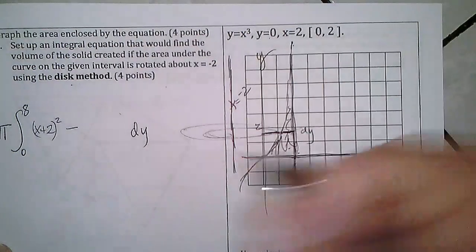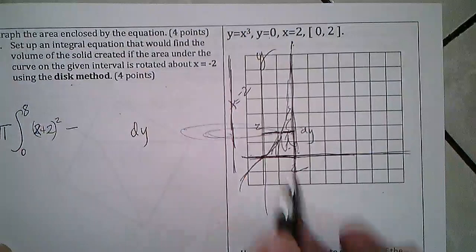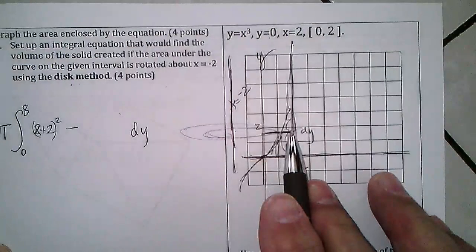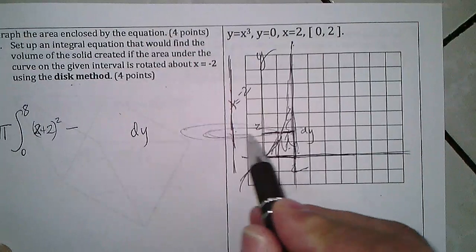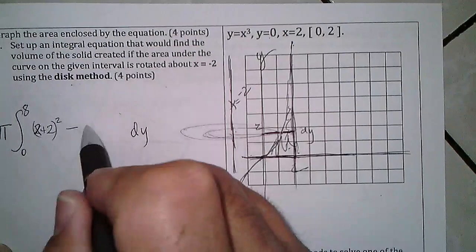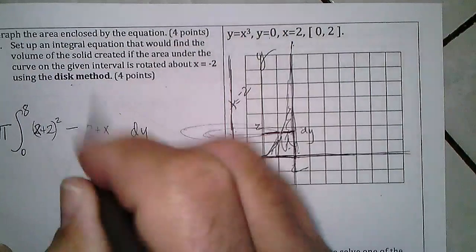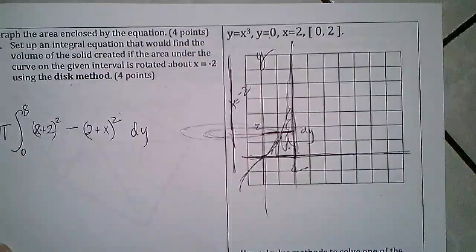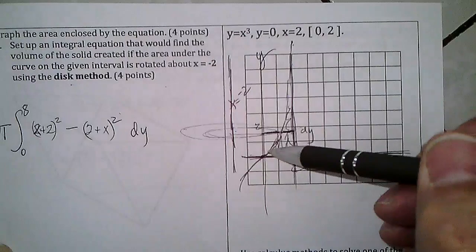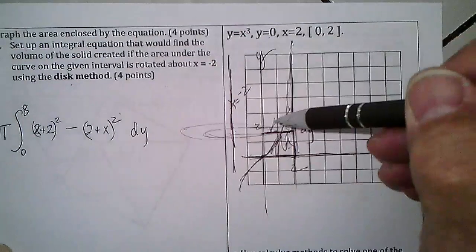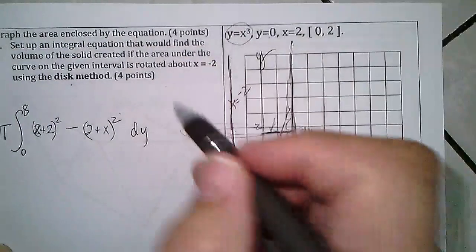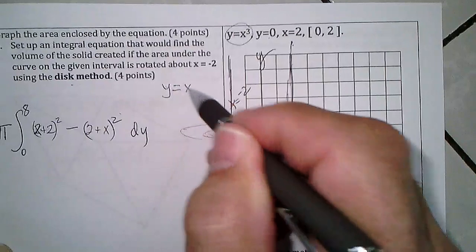X is always 2 on this one, so we can say 2 plus 2, because the large radius is always 4, minus the small radius, which is 2 plus that x, squared. So now we need to find out what that x is in terms of y. So looking at this, y equals x to the third.